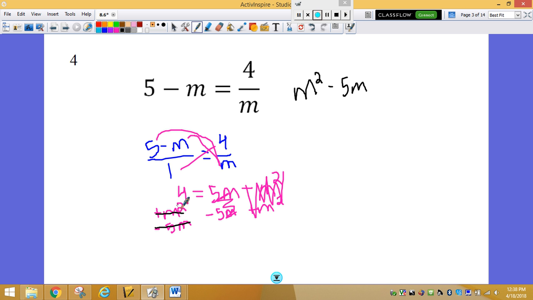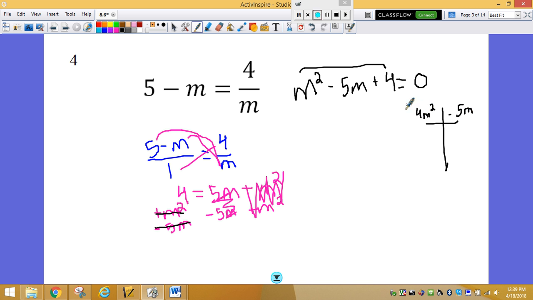And then I'm left with a 4, and it's a positive, so I would put positive 4. And on the right-hand side, I have 0. So we're going to factor. If you remember factoring, you do first times last, so that gives me 4m squared. And your middle term is a negative 5.